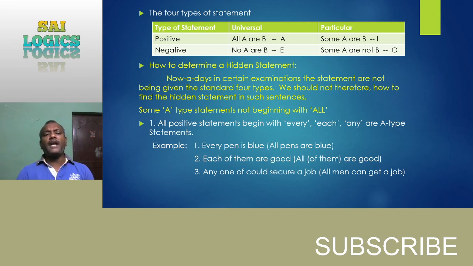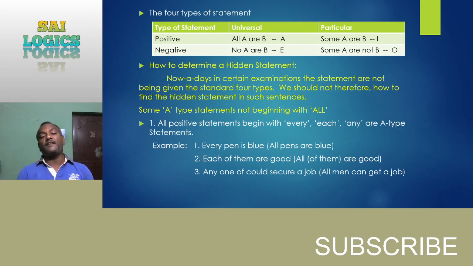Now, some A type statements do not begin with "all." When a statement begins with "all," it is very easy to understand that it is an A type of statement. If it does not start with "all," then we have to understand to which statement it has to be converted.